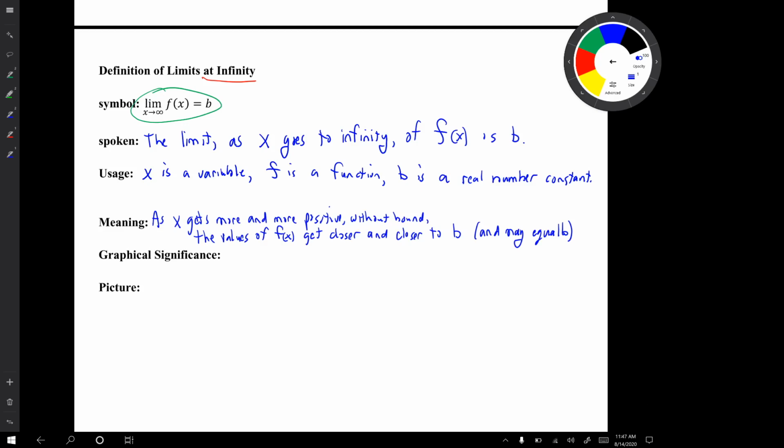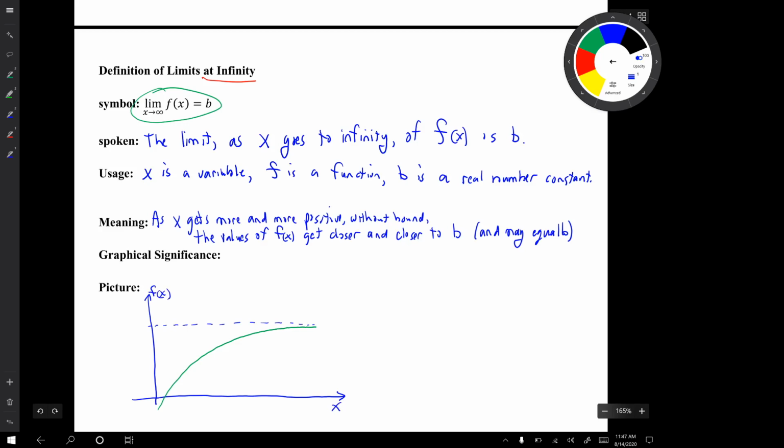Well, what does this mean in terms of a graph? I'll start by drawing a picture. All right, notice in this picture, when I choose a large positive x value, like that one, and look at its y value, the y value comes out close to b.